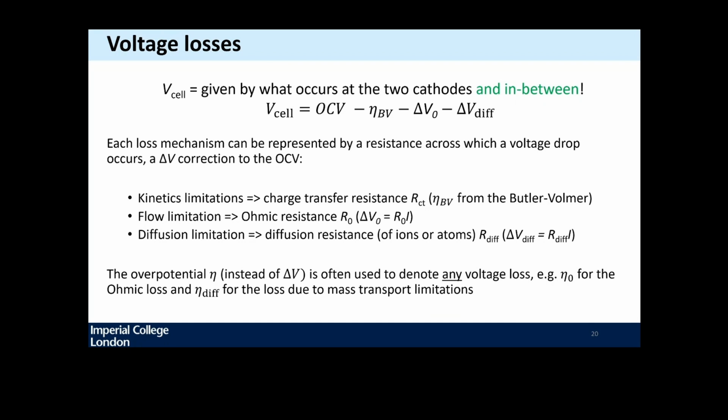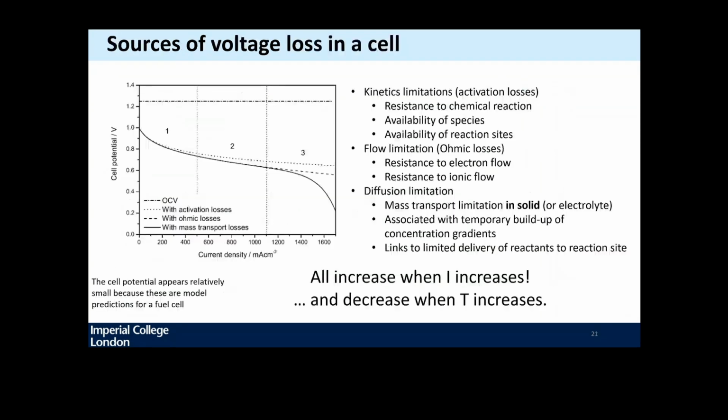But because now we are having a sponge-like structure where the walls are the electrodes and it is filled with electrolyte, all of the paths can be quite tortuous, both in the electrolyte, but also there is a limited diffusion inside the electrode. And so this is this diffusion overpotential due to the concentration gradients you build inside the electrode and inside the electrolyte. So all of these act to decrease the voltage that you see in a cell.